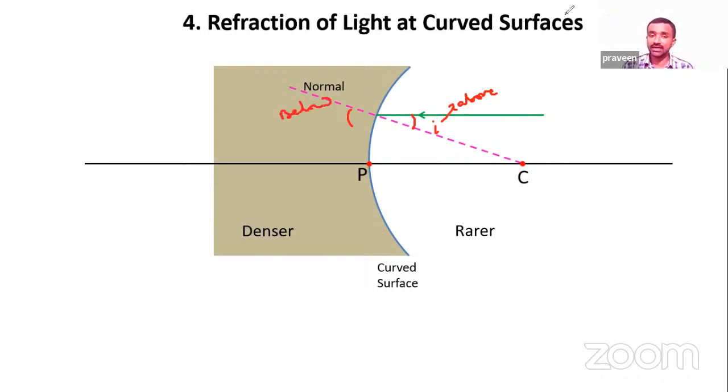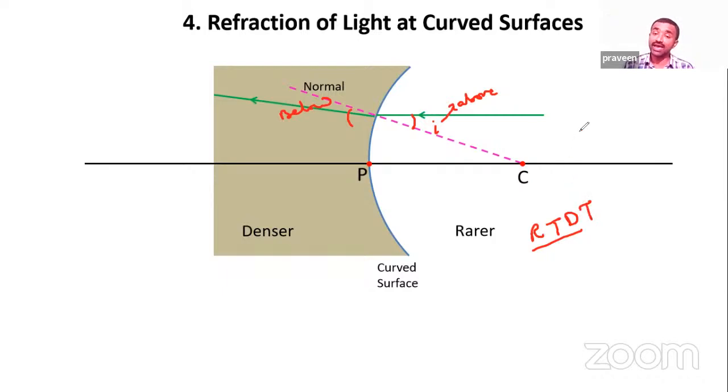Okay, selected. Now construct the light ray. Is it bending towards the normal or away from the normal? Here the light ray direction is rarer to denser, so simply towards the normal.